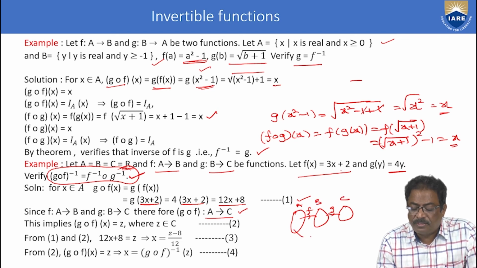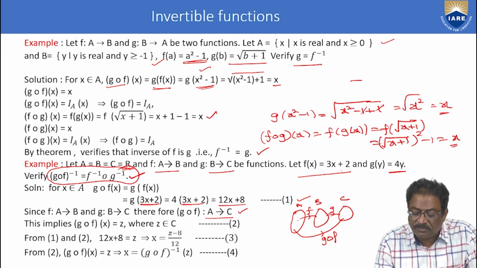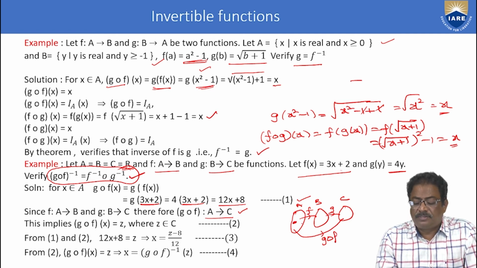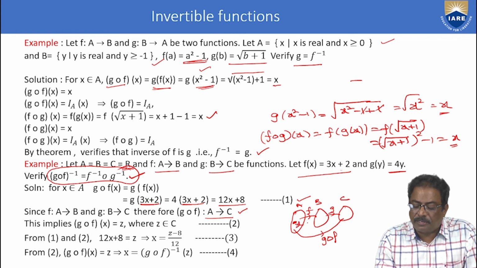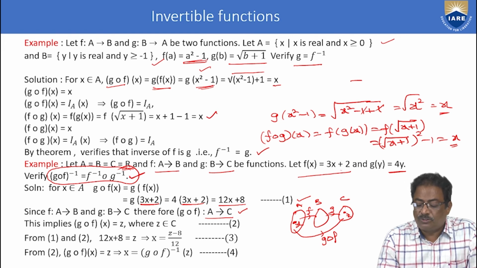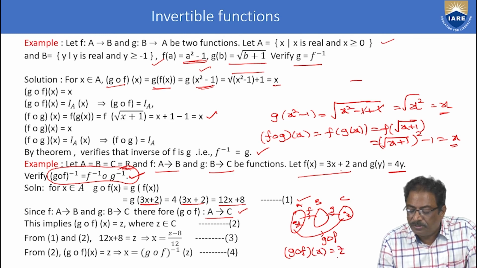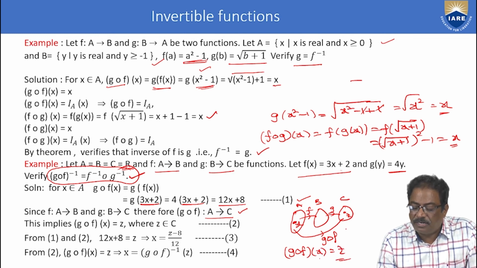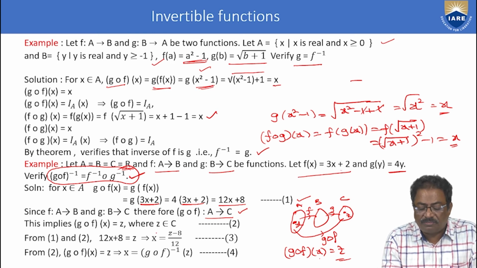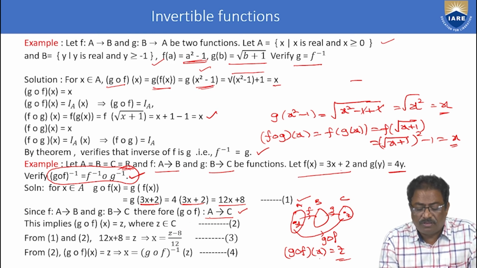So I am going to consider one element x in A, and another element z in C, so that g of f of x is equal to z, where x belongs to A and z belongs to C. Call this equation 2.